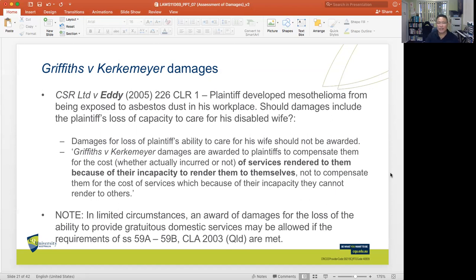And the court said that no, damages for loss of the plaintiff's ability to care for his wife should not be awarded. Because remember, as far as Griffiths versus Kirkemeyer damages are concerned, the purpose there is really to compensate the plaintiff for the losses. Here, in this scenario where the plaintiff had lost the capacity to care for his disabled wife, the focus in that sense would now be taking care of the wife, which is not the contemplation of the common law.